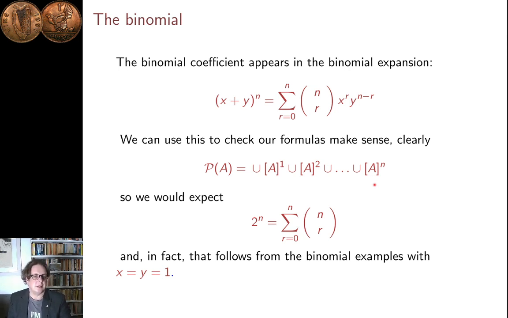And so we'd expect the cardinality of the power set to be the sum of the cardinalities of each set of subsets of length r, summed over all possible r, starting with r equals 0 for the empty set, the symbol I've missed here, all the way up to r equals n for the subset of size n. And of course that then tells you that 2 to the n should be equal to the sum from r equals 0 to n of n choose r, which might look unlikely at first until you realize that that's exactly what you get if you put x equals 1 here and y equals 1 there.